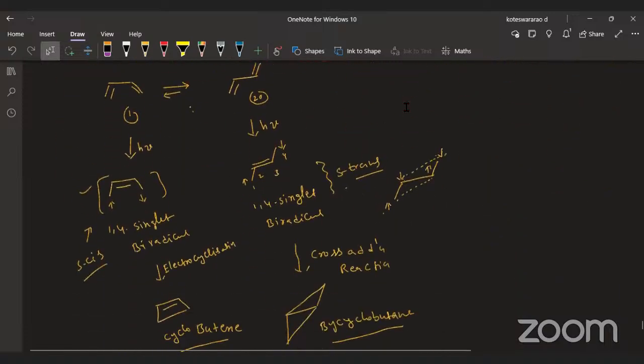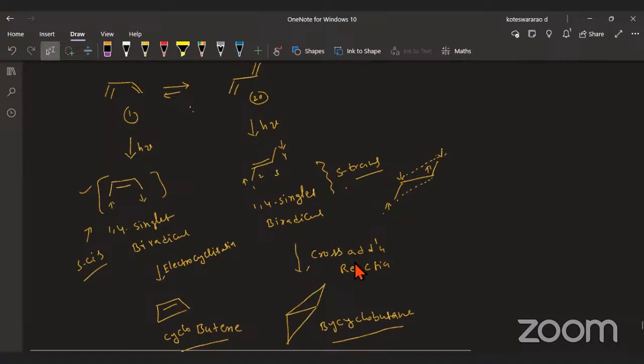Now, how the remaining products are generated can be explained. Look at here.